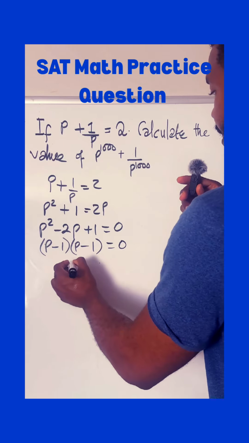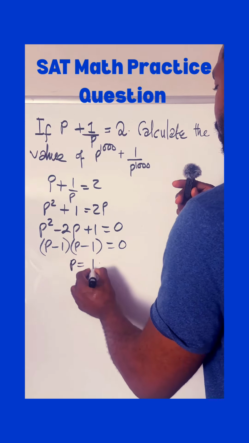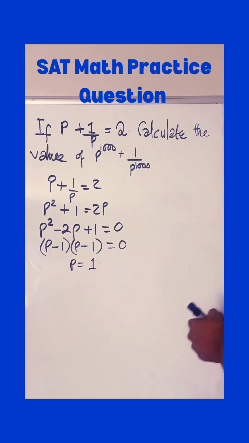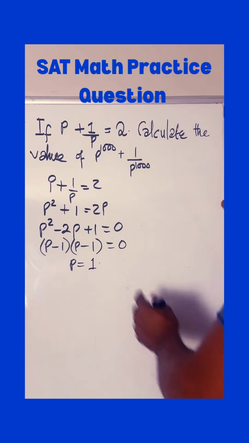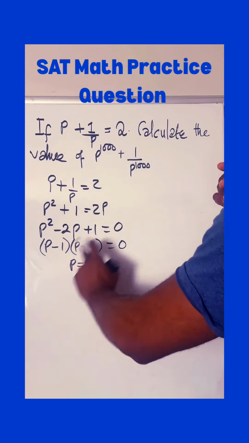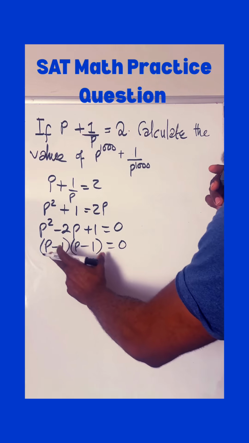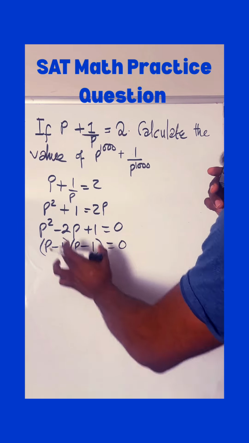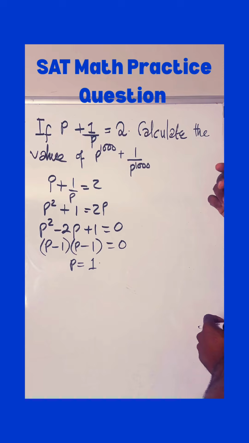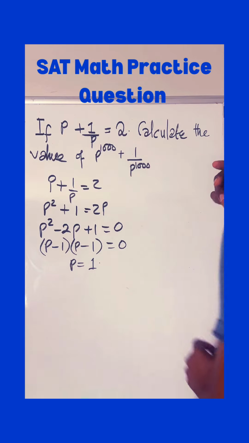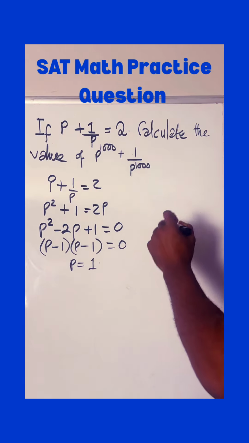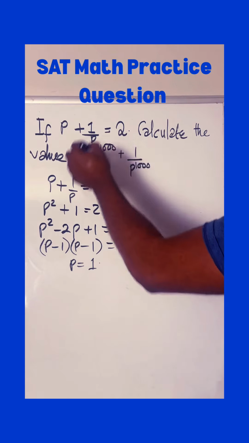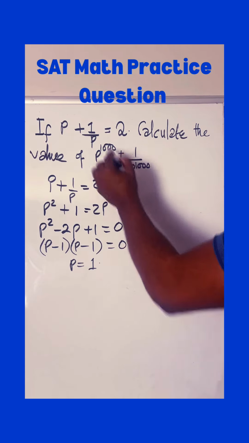At the end of the day, p equals 1, whichever way you want to look at it. I don't want to go into the details of how I got to this point, but when you factor this out, this is what you get. And since p equals 1, I can substitute the value of p into what I have here.